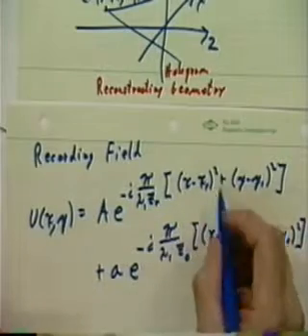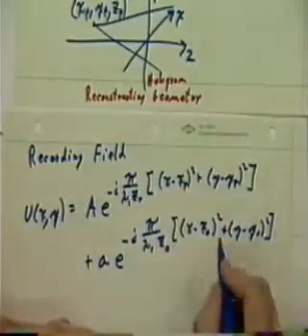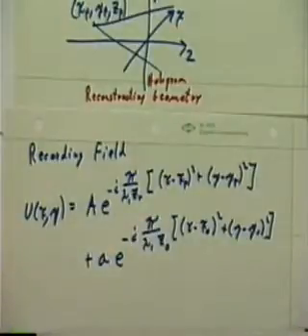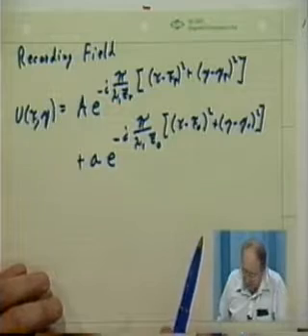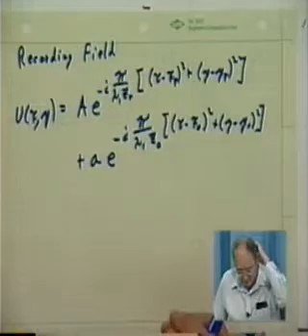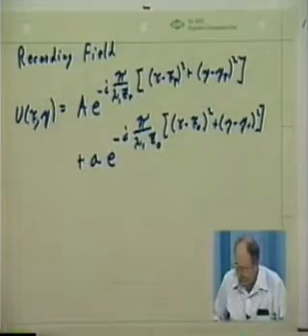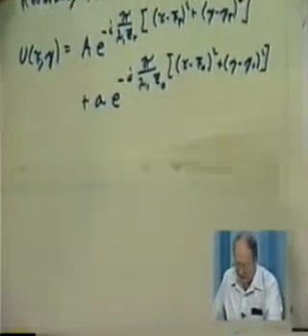This should be x sub r and y sub r up here, x naught, y naught here. So we have made a parabolic approximation to the spherical waves making up the hologram. Now what we need to do is to take this and square it to get the exposing intensity. I'm going to get such a mess that I'm going to go right now to a clean sheet of paper here.